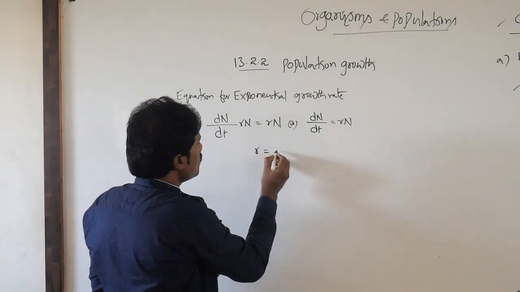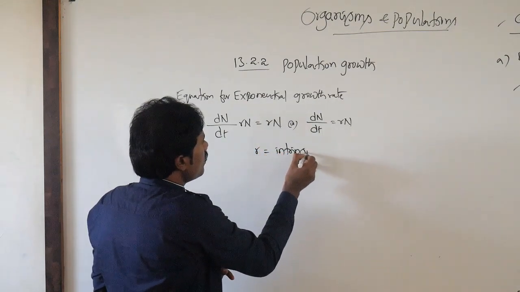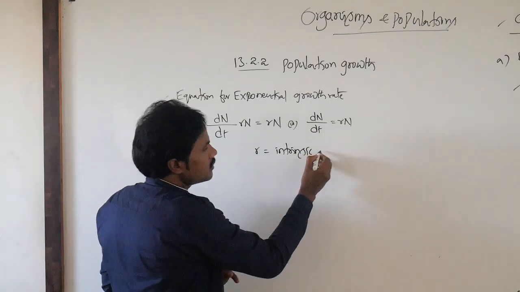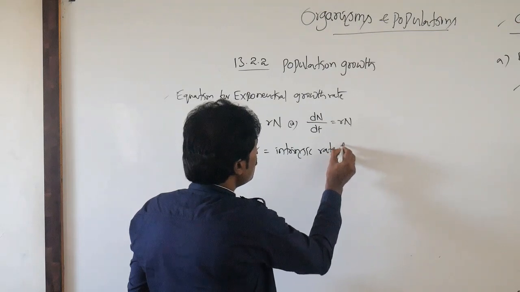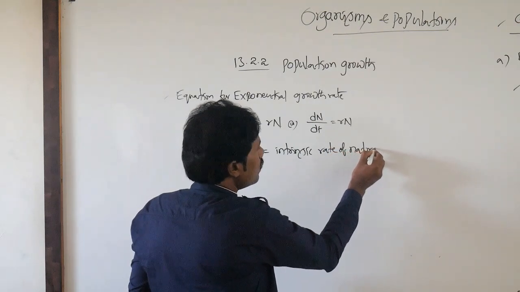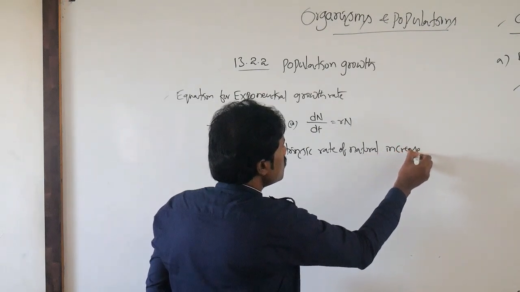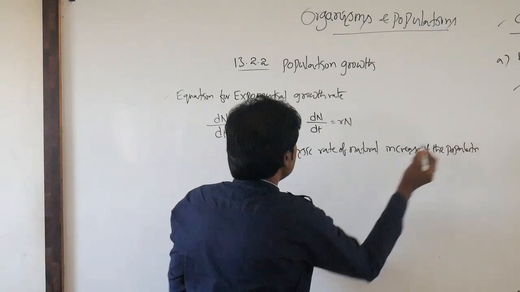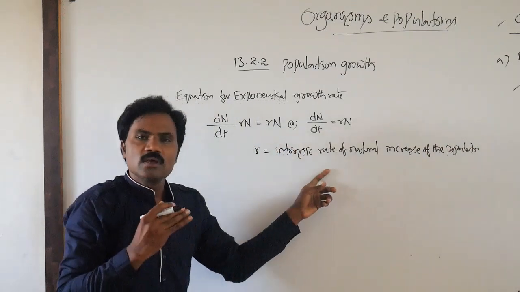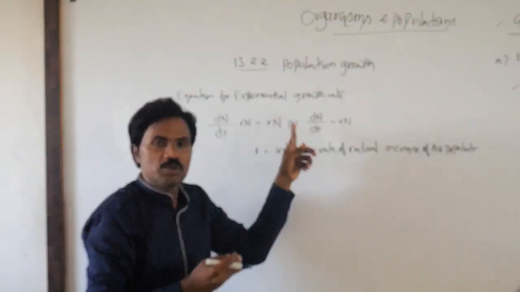Here r represents the intrinsic rate of natural increase, which increases the population rate in this exponential growth.